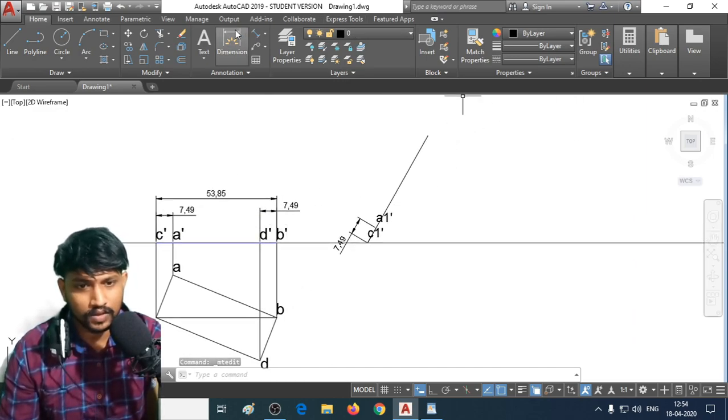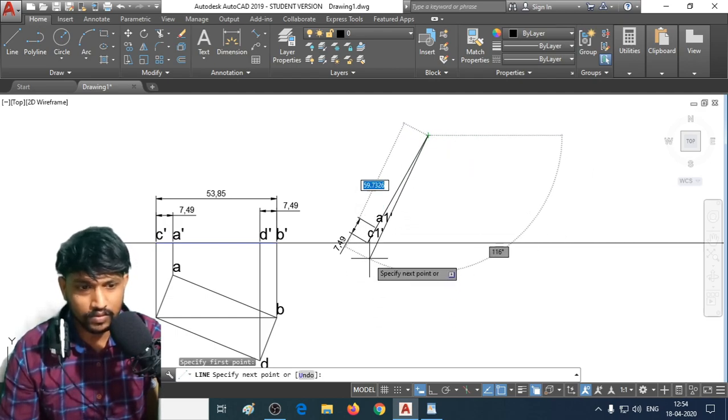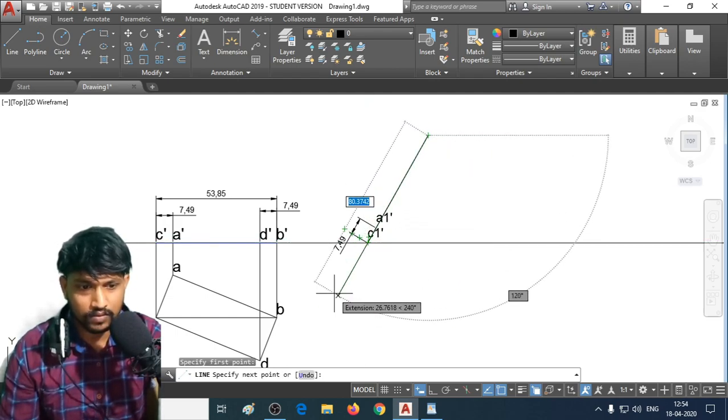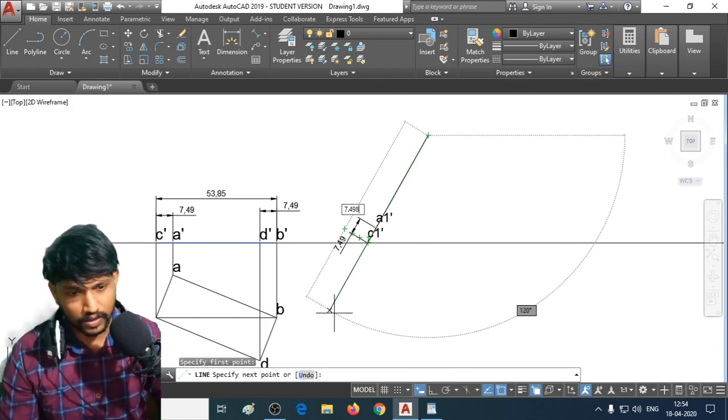Okay, now from this end also I have to take 7.49.